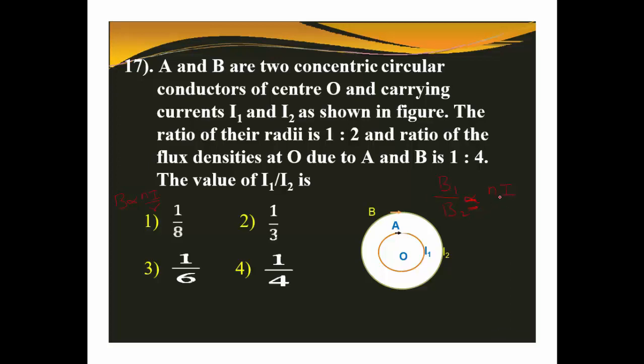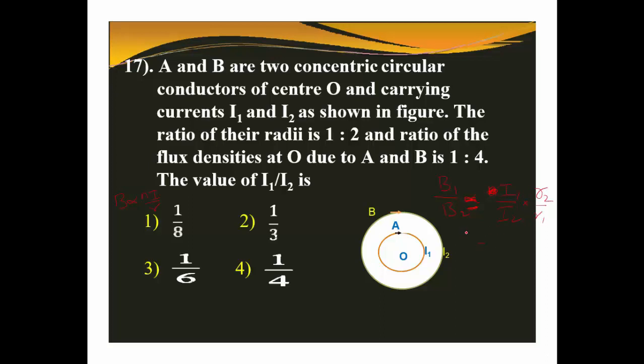There are no different turns for the two circular coils. They are conductors, and conductors means only one term, so I will erase N because N is 1. So B1 by B2 is equal to I1 by I2 into R2 by R1, the reciprocal.